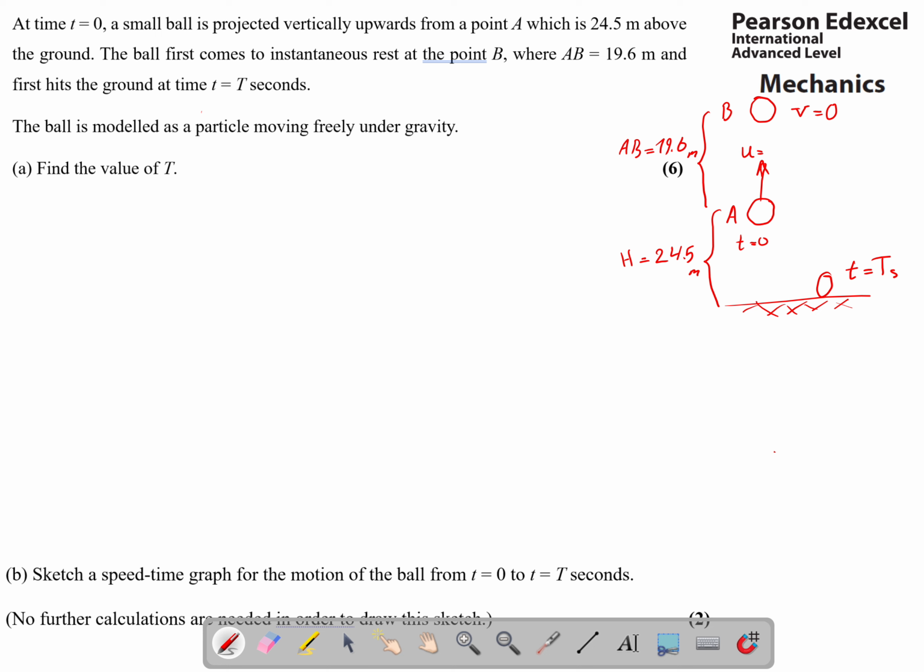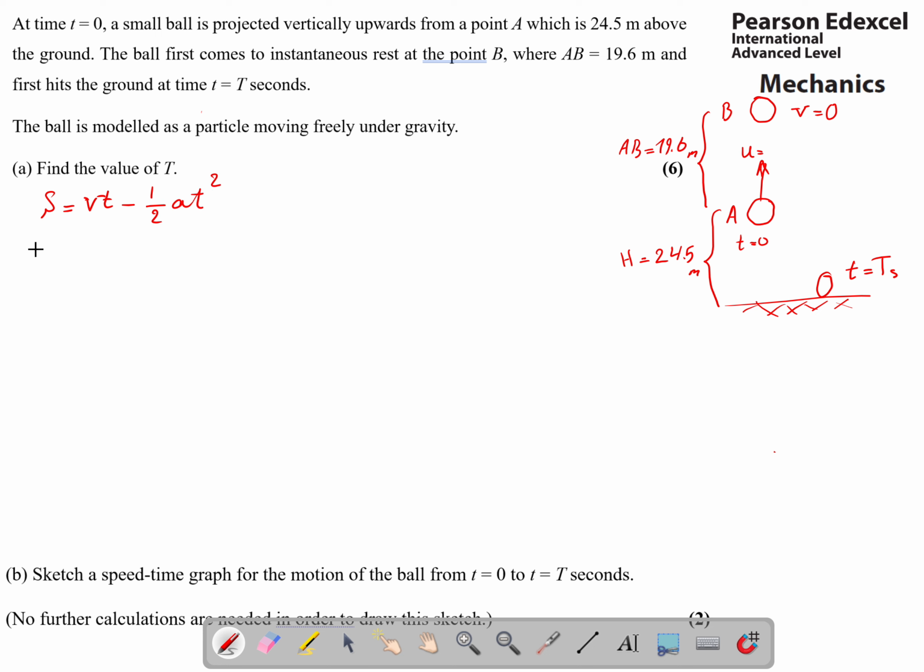Okay, according to our information, we can find the time from point A to point B, because we know the final velocity, using the formula S equals vt minus 1 over 2 a t power 2.